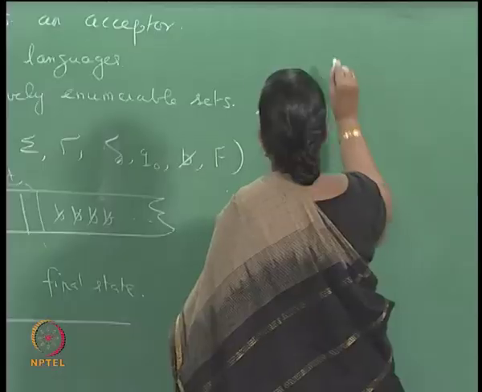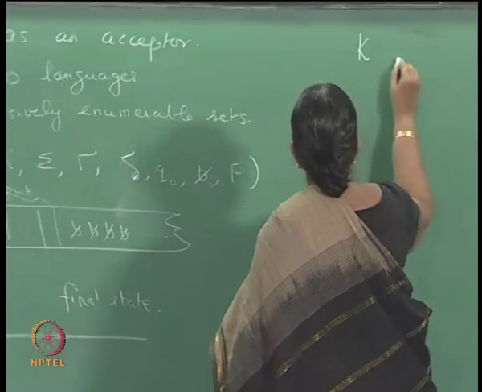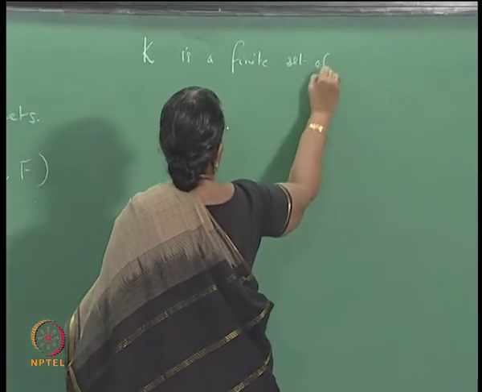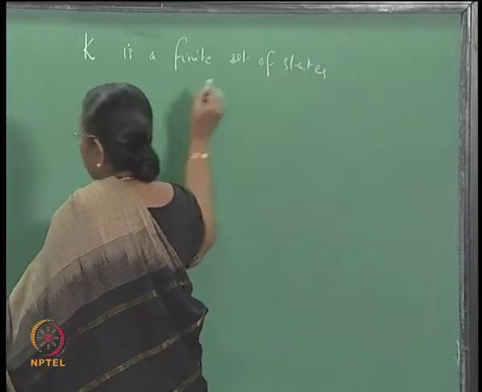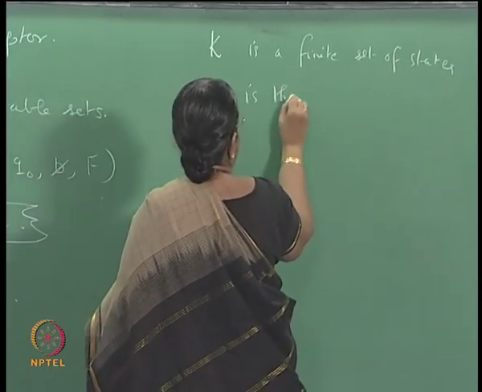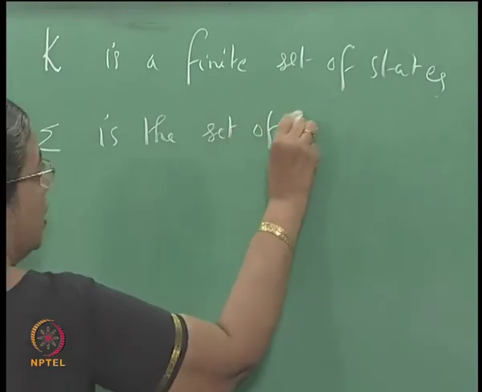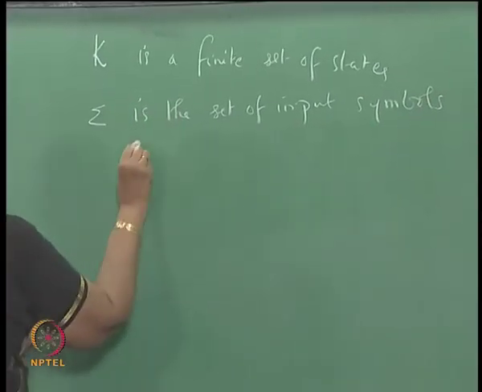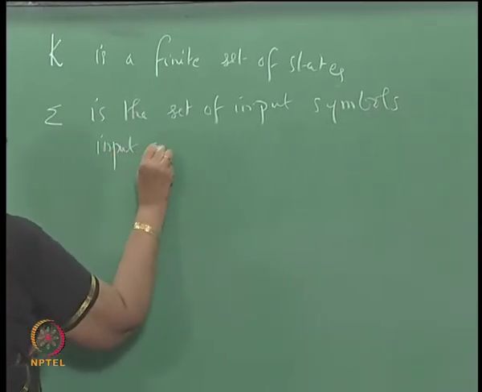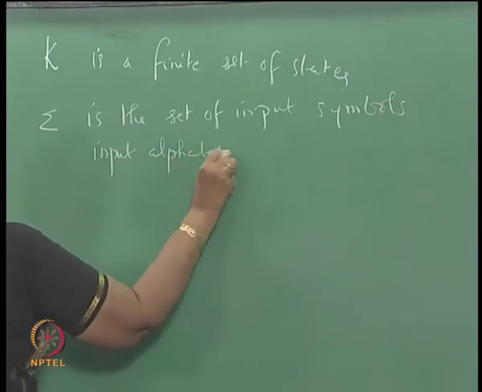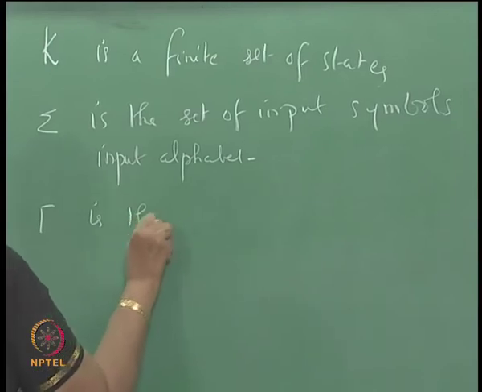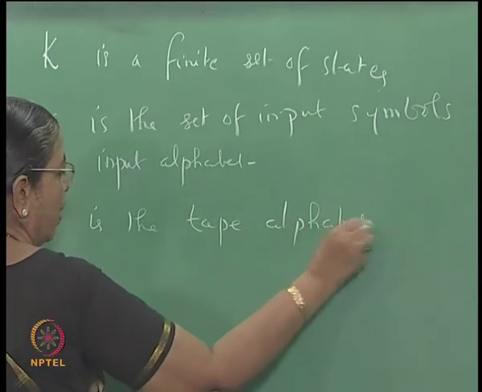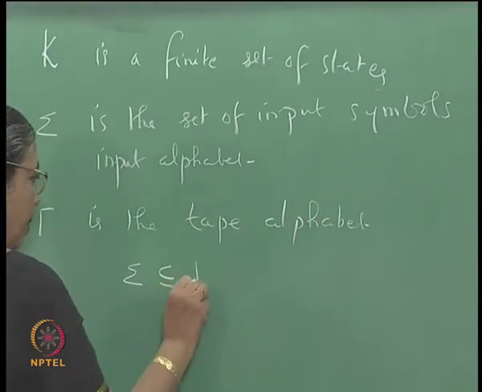Okay. Here K is a finite set of states. Sigma is the set of input symbols, that is the input alphabet. Gamma is the tape alphabet. Sigma is contained in gamma.